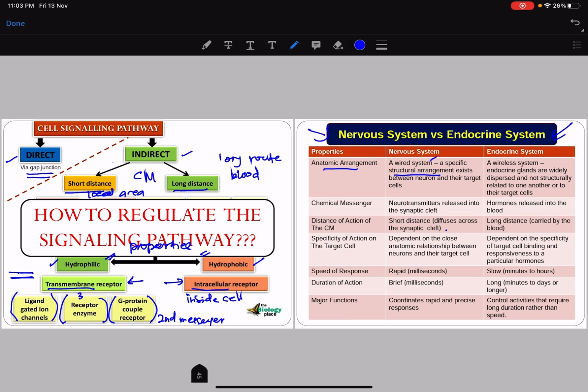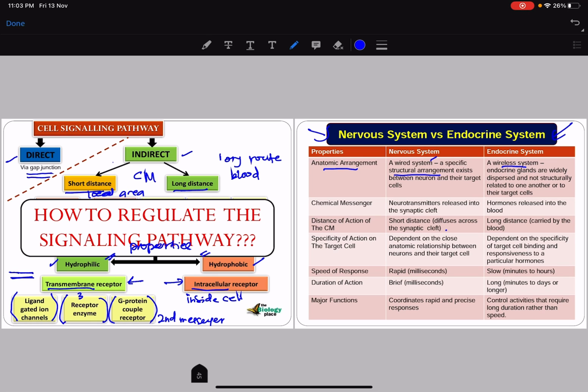It can be endocrine, a muscle, or a gland. Whereas the endocrine system is a wireless system, so there is no distinct structure that connects endocrine glands to the target organ or target tissues.